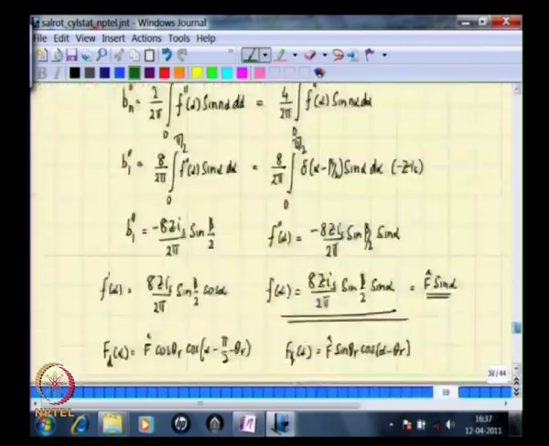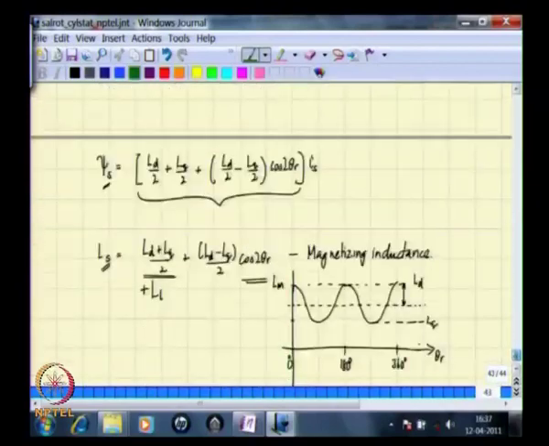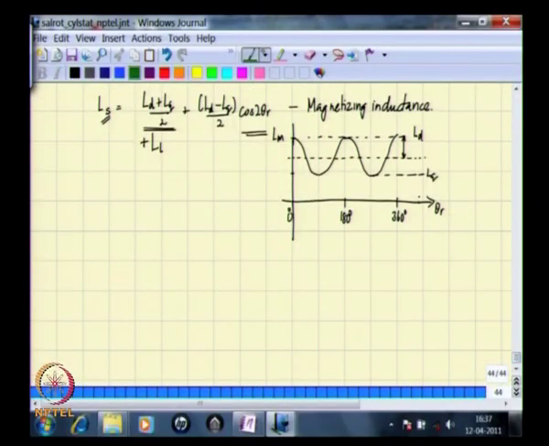Therefore, whether the winding is concentrated or distributed, the form of the expression remains the same.